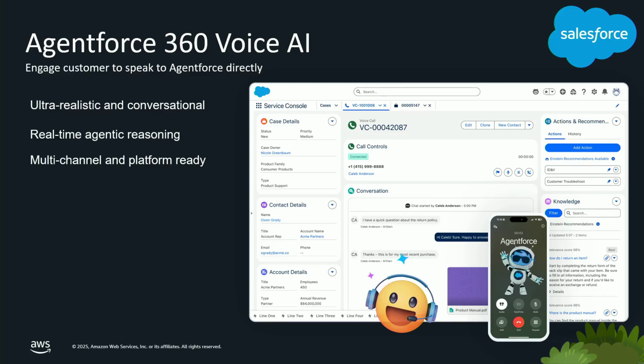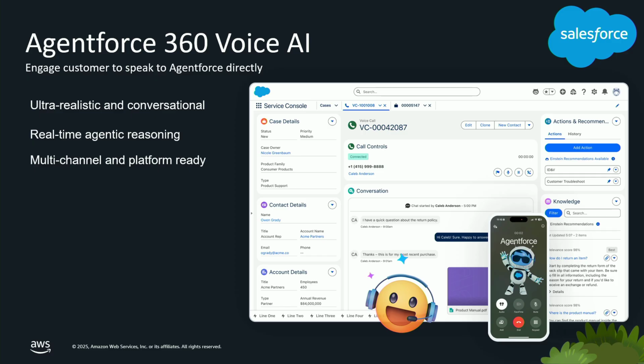Second, we want to make sure the voice can do real-time agentic reasoning. This requires low latency, intent detection, topic selection, and tool use. It is fully integrated with our knowledge base, including the RAG pipelines we have built.